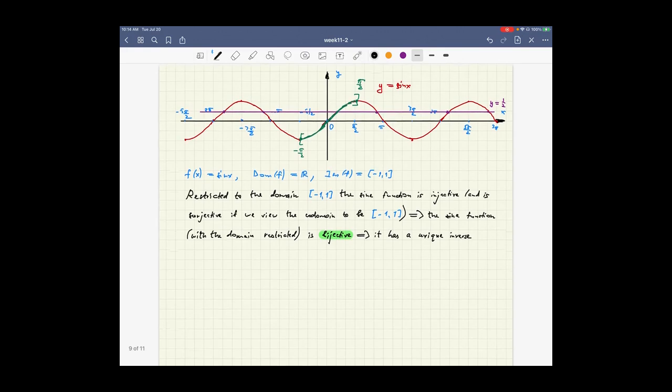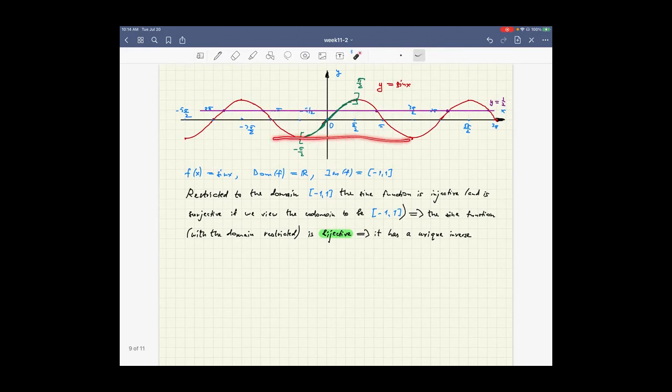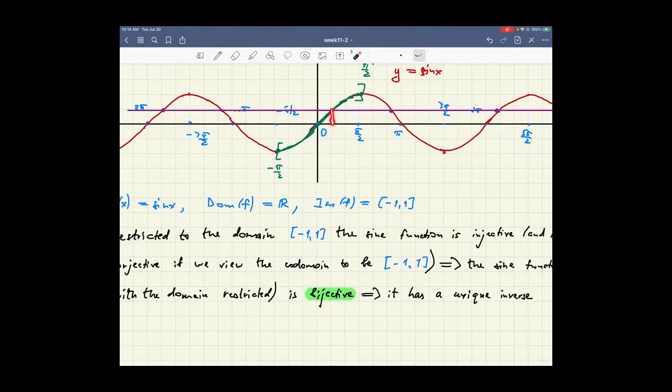If we fix any y between -1 and +1, and by inverse of sine of y, we put the unique x whose sine equals y, that is a valid definition.